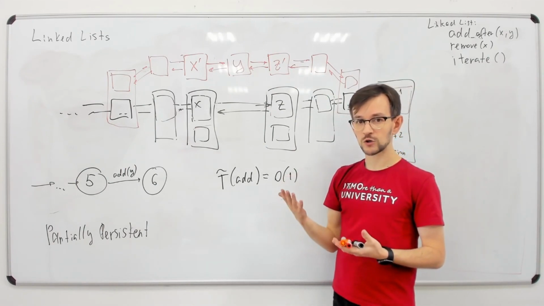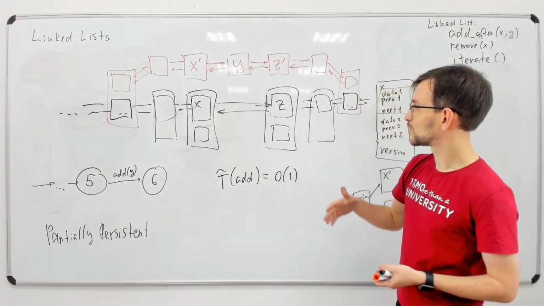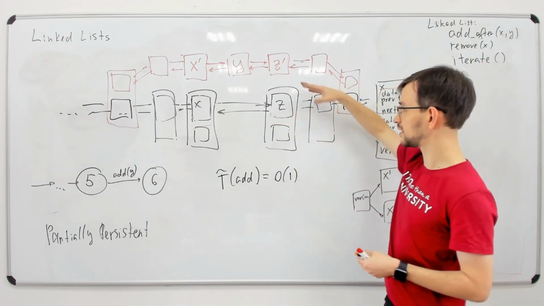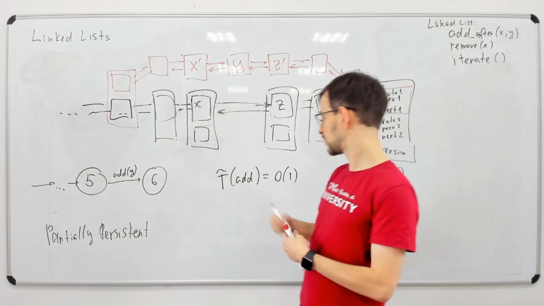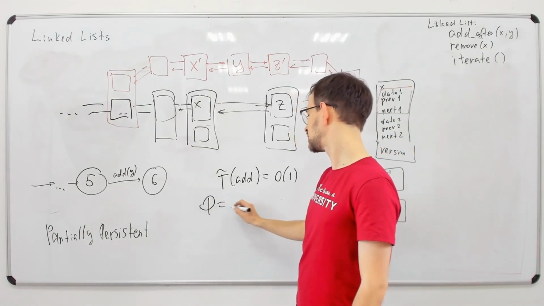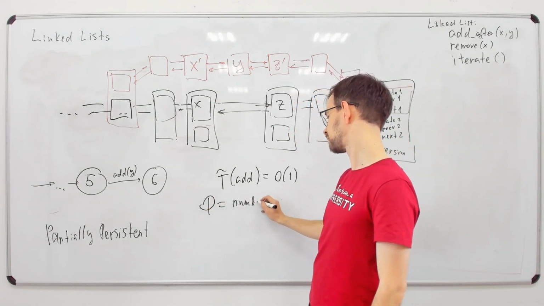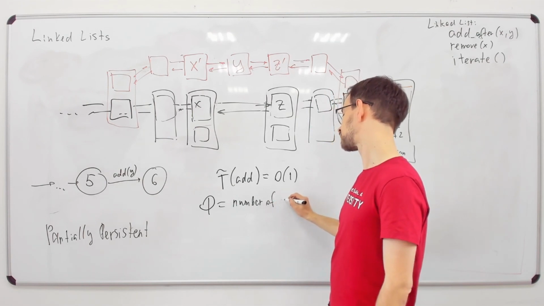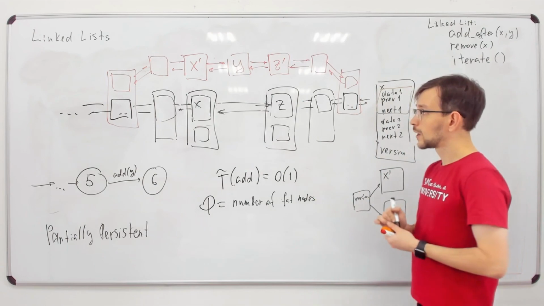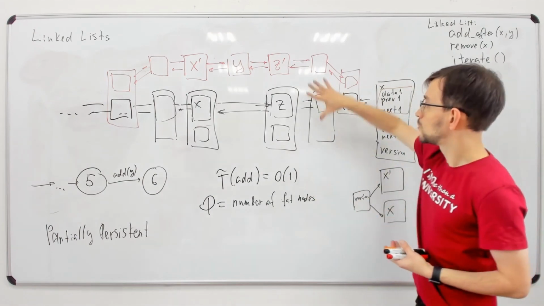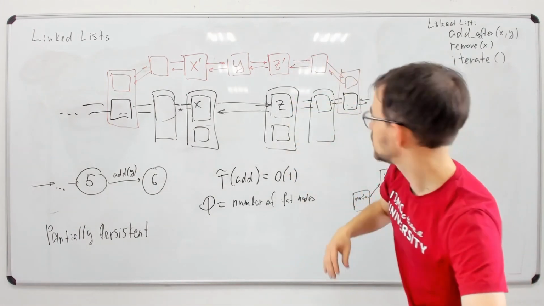Now it's quite obvious. We want to find something which is decreasing, and what is decreasing is the number of full nodes. So we will say that the potential is simply the number of full nodes.